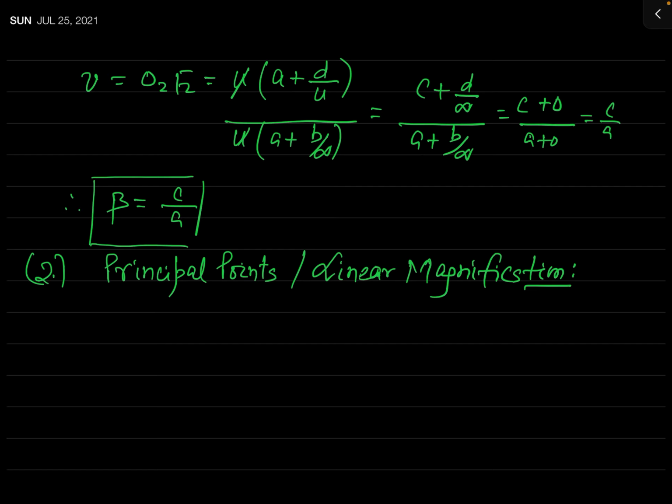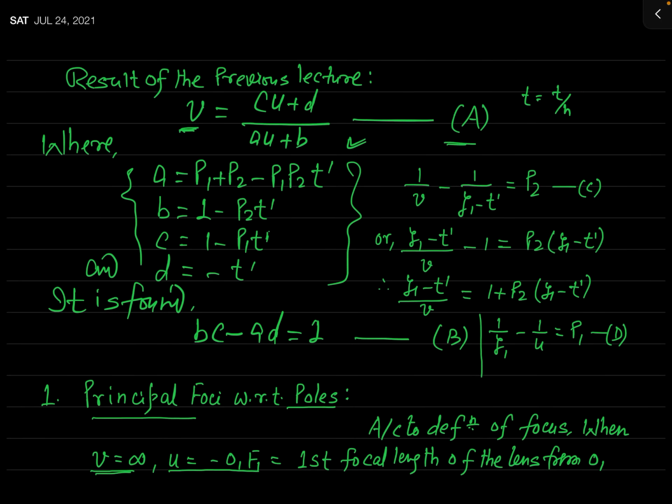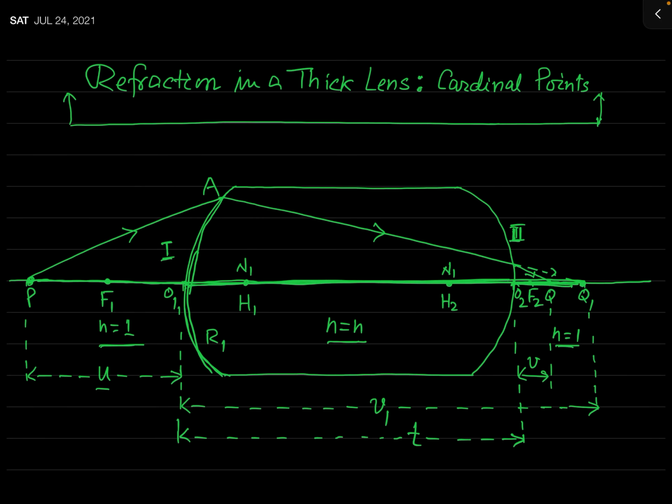So when the image is formed, you can see here, due to the refraction at the first surface, an image is formed which is Q1, and due to refraction at the second surface, the final image is formed, and that is Q. And you know, if you want to find the total magnification, you will have to calculate the magnifications of the individual images. And as magnification is a multiplicative property.